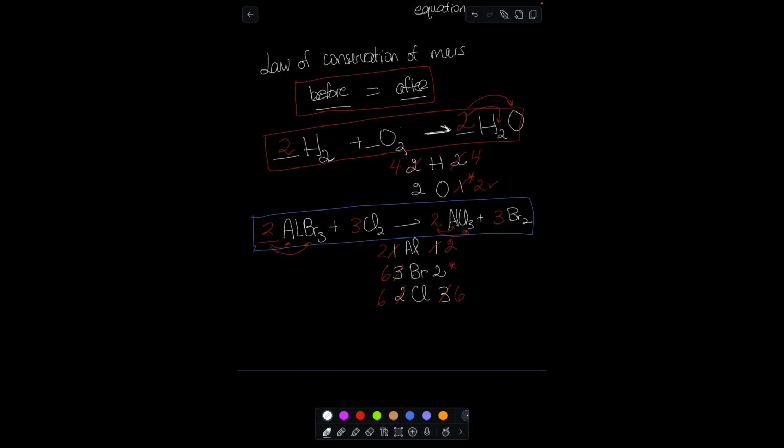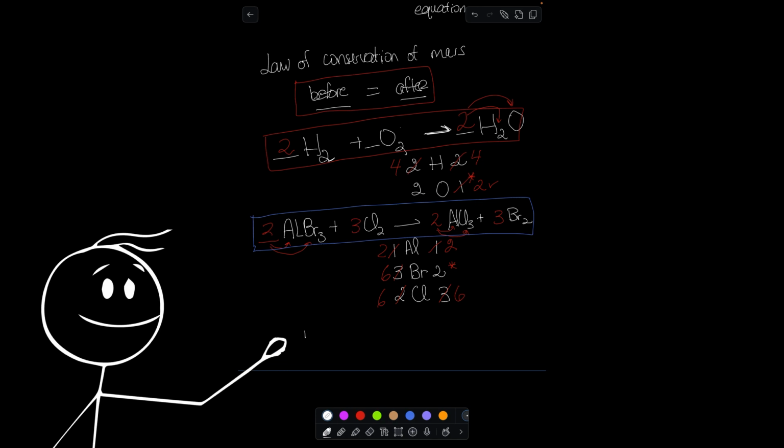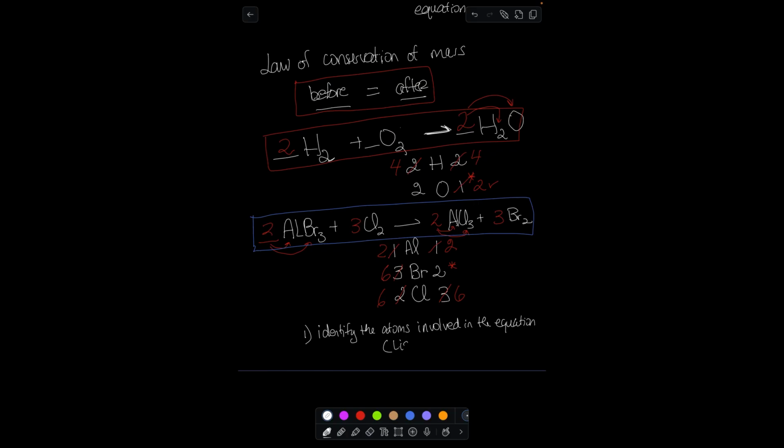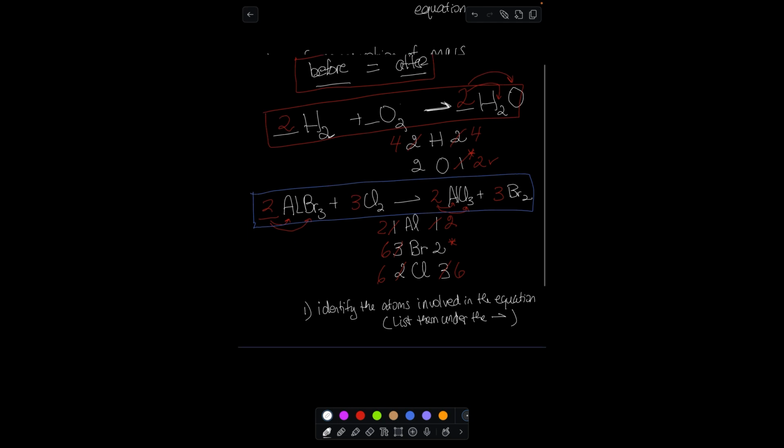Remember, the steps are this. Number 1, you want to identify the atoms involved in the equation. Okay, you can list them under the yield sign in the equation.